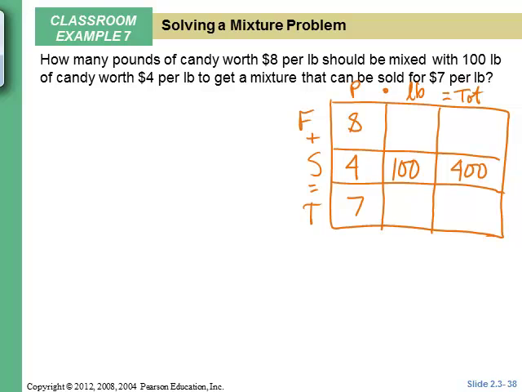Okay, let's use P for pounds. So this would be 8P. This would be 100 plus P because these two add up to the total. This would be 400 plus 8P is the total.